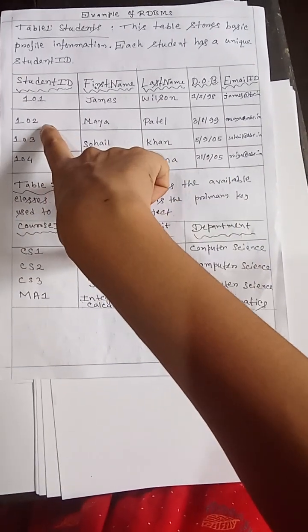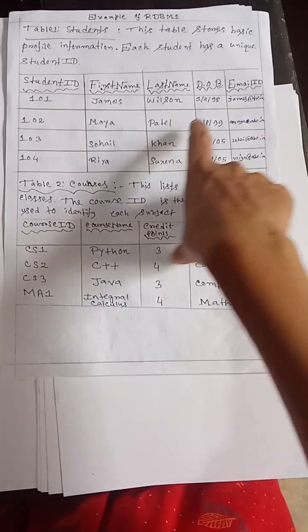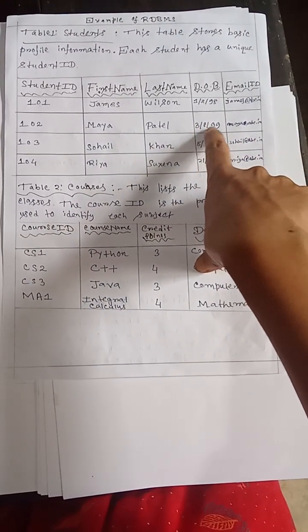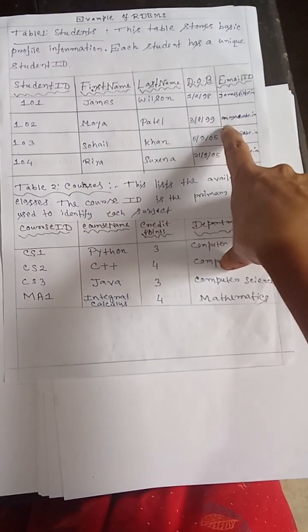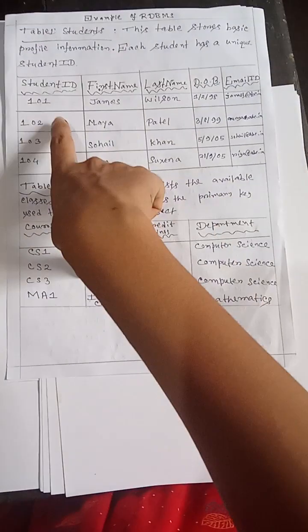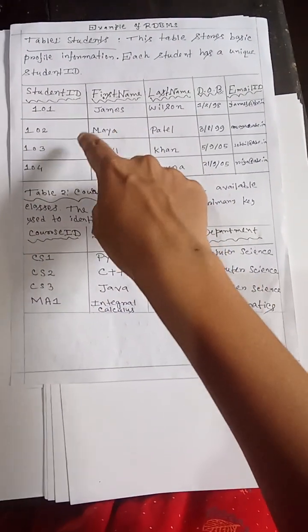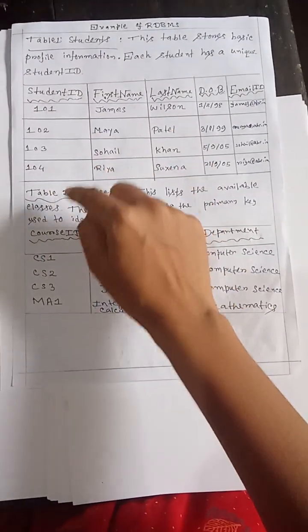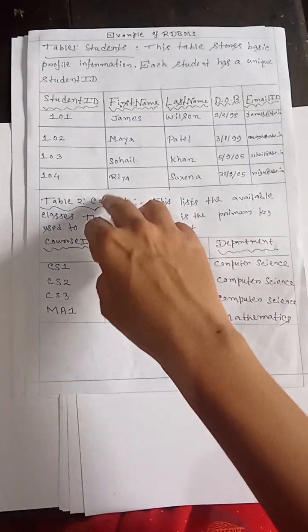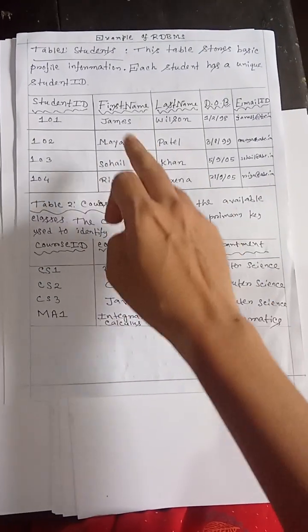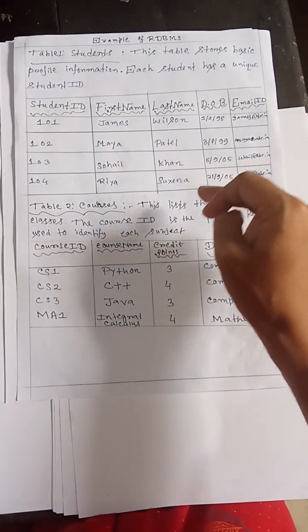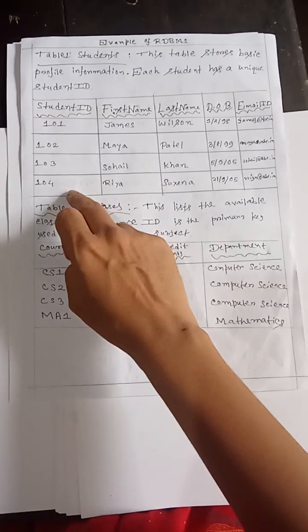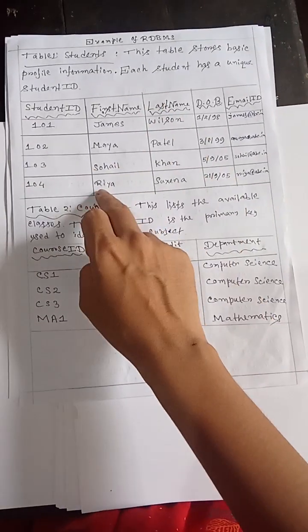Here we have another student named Maya Patel, her date of birth 3/8/1999, her email ID maya@abc.in, and her student ID. Similarly, we have 4 rows or 4 tuples, and each row stores information of a student, and each student has a unique student ID.